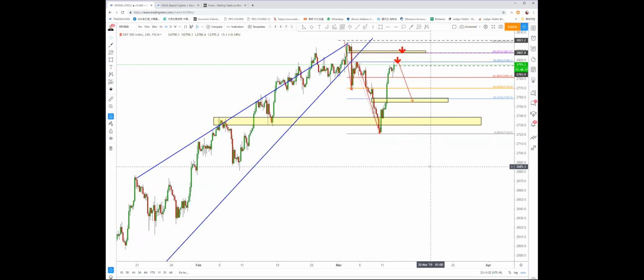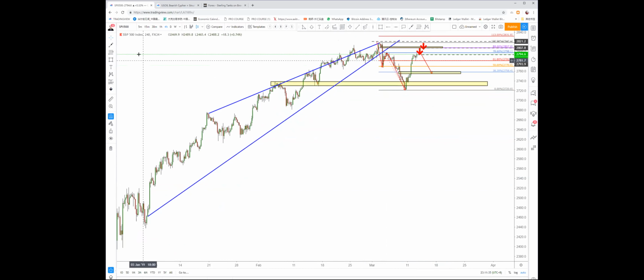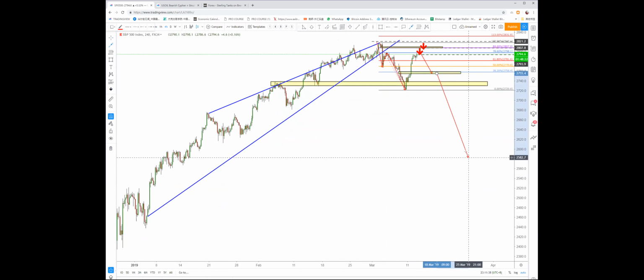Easy. Is this the same method that I teach you guys in my course? If you think yes, and the logic is okay, why not take the trade? Go. Who knows? S&P may fall to here. Who knows?